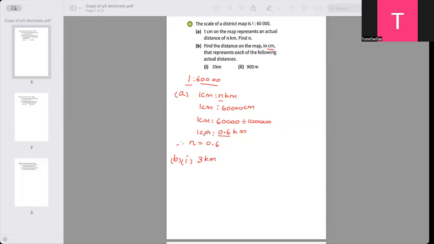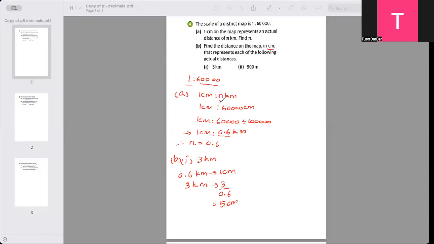Now, you can see here, 1 cm is 0.6 kilometer, right? So what do we do? 0.6 kilometer is 1 cm. So if you want 3 kilometer, what we are going to do is 3 divided by 0.6, which will give you 5 centimeter.